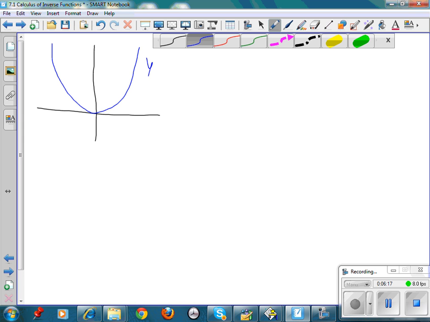If I look at y equals x squared, this is not 1-to-1, because at x equals -1 and x equals 1, two x's give the same y value. This point over here is (1, 1) and this point over here is (-1, 1).